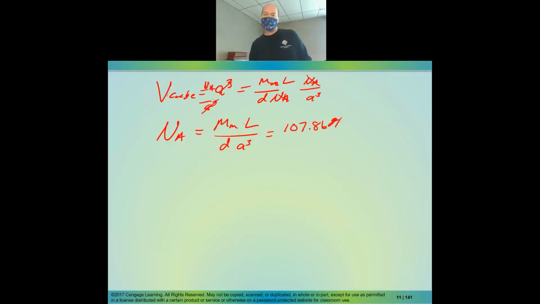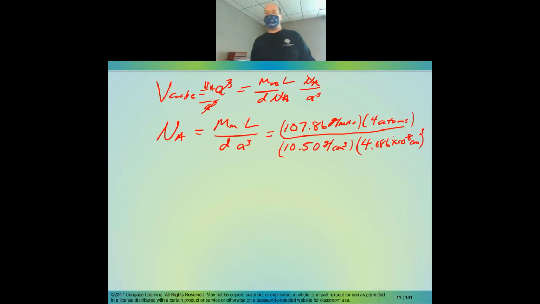107.86 grams per mole. It was a face-centered cubic with 4 atoms in the cube. Density was 10.50 grams per centimeter cubed. And A was 4.086 times 10 to the minus 8 centimeters, and that has to be cubed.